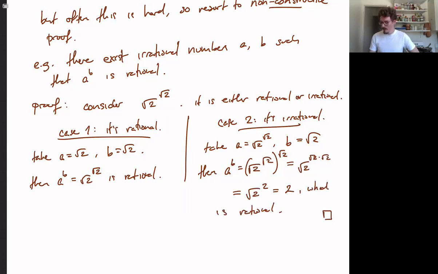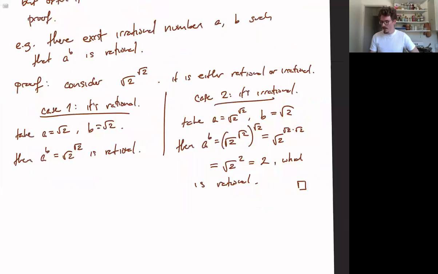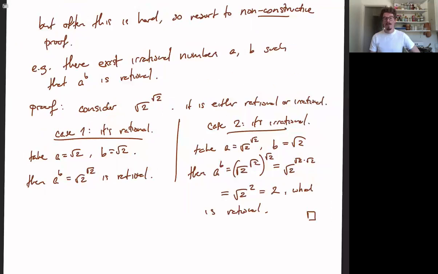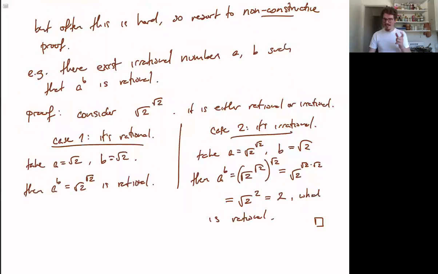And that completes the proof, because we had two cases, and we showed that in each case, we could come up with an example. But it's still a little bit non-constructive, right? Because we have these two examples, and we know that one of them works, but we don't know which one.